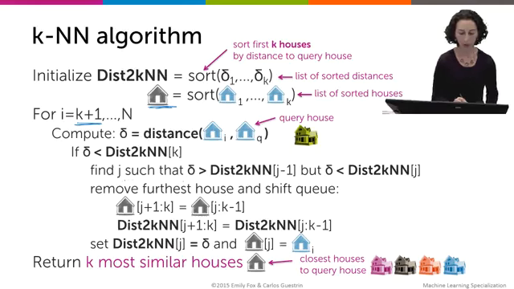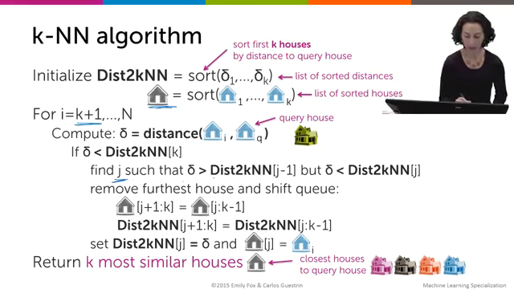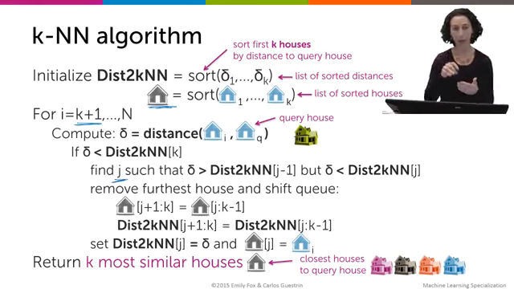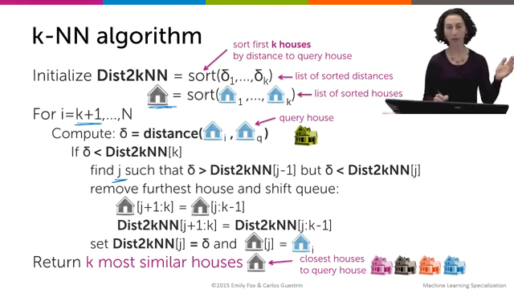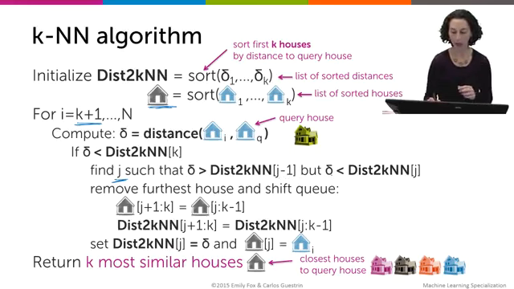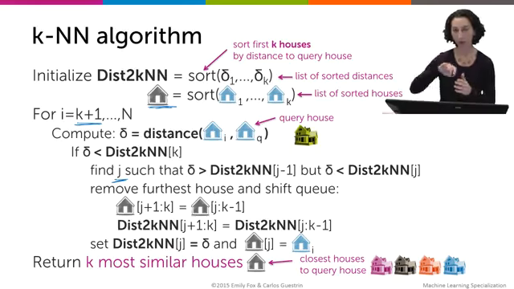So what I need to do is go through and find which index this house should go into, meaning there's some point at which all nearest neighbors 1 to j minus 1 are actually closer than this house that I'm looking at now, but this house is closer than all the other nearest neighbors in my set.